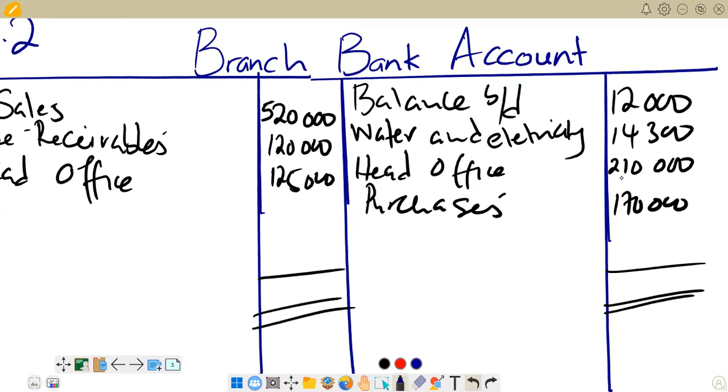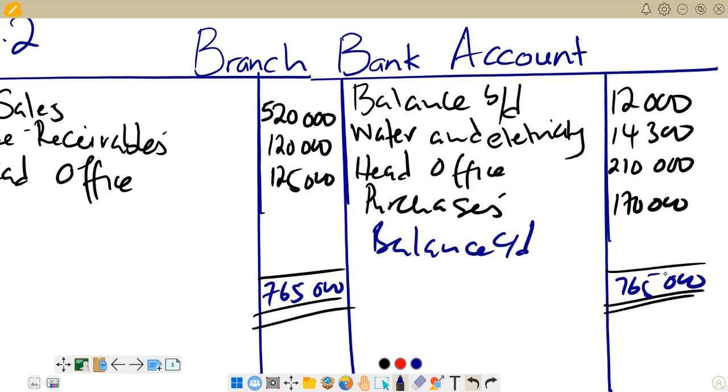Right. So if you add the total of the credit and the debit, you will see that the total of the debit is the greater total with 765,000. It has to come on both sides. And now the difference between the two will be on the credit side as our balance CD. So we say the total of the debit is 765,000.